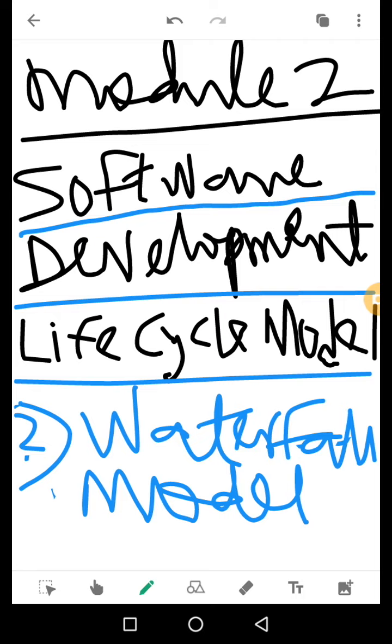That is, requirement will be converted to design, design will be converted to implementation, implementation will be converted to testing. I think you get it now.